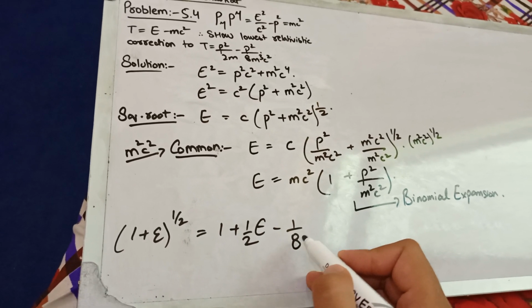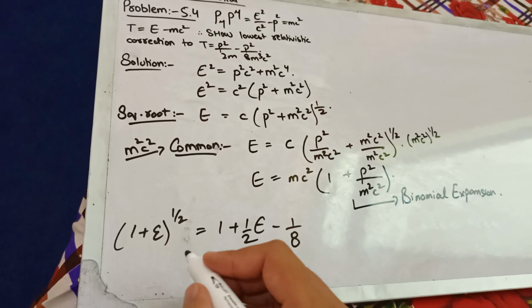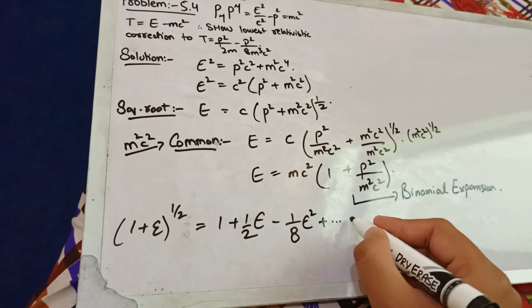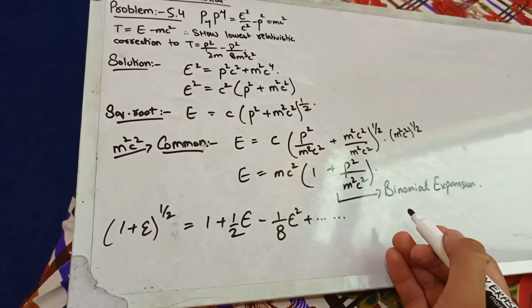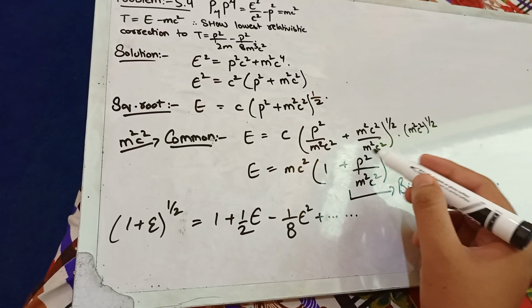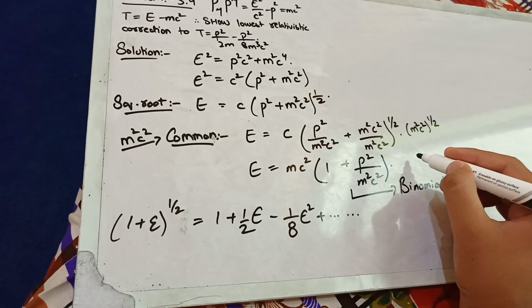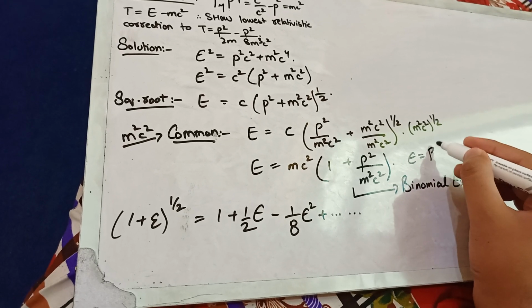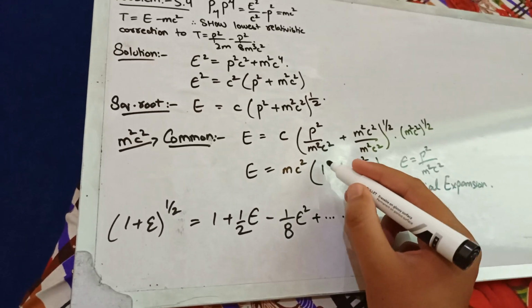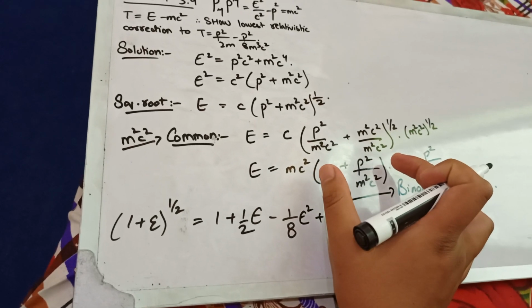Ignore the higher order terms. Here your epsilon is p² divided by m²c², and this is the 1. You can apply your binomial expansion here.